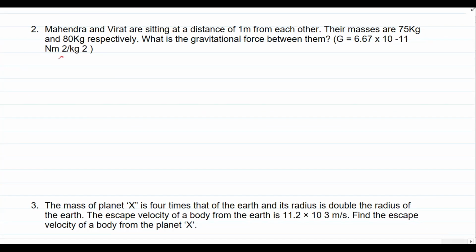So we can write given, distance between Mahendra and Virat is given, that is R is equal to 1 meter. Their mass is also given. Let it be M1 and M2. M1 is 75 kilogram and M2 is 80 kg.